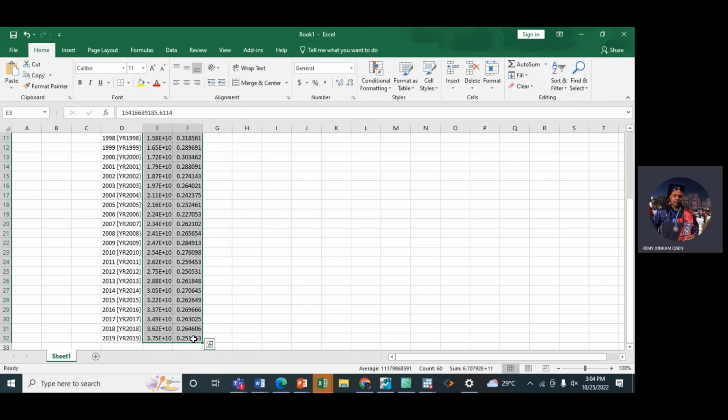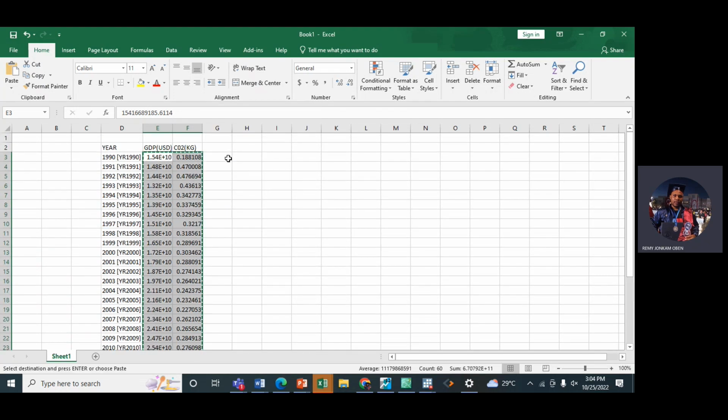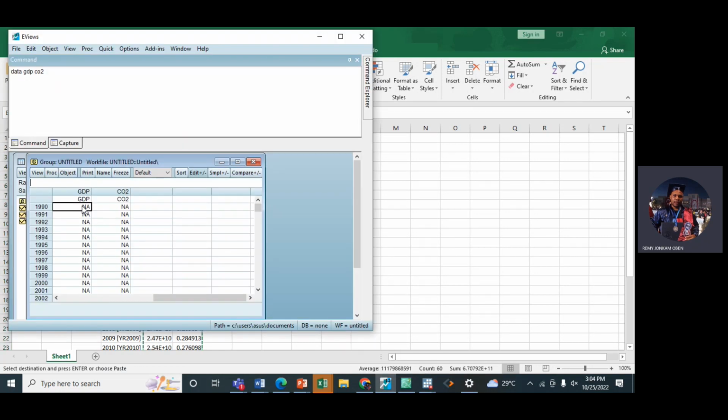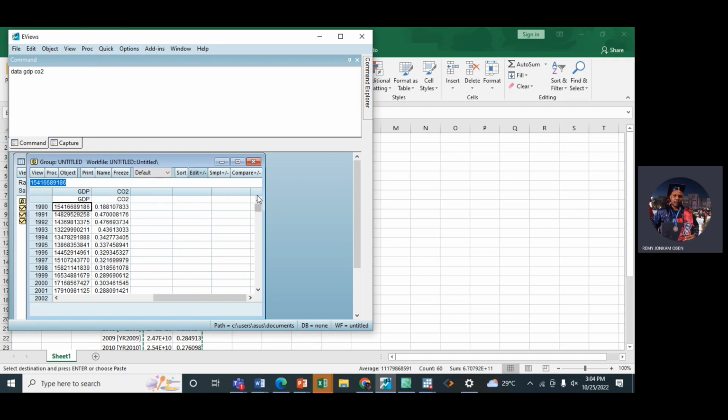I select everything, then copy. You can copy by Control C, or right click and choose copy. It doesn't matter. Once you copy, you come here and paste in the first cell. You can paste with Control V, or right click and then paste. It doesn't matter how you do it.